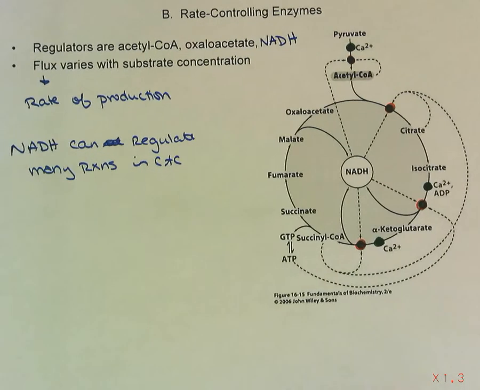So NADH has the ability to regulate several reactions in the citric acid cycle. Every reaction that's a redox reaction, which in the citric acid cycle is the majority of the reactions.